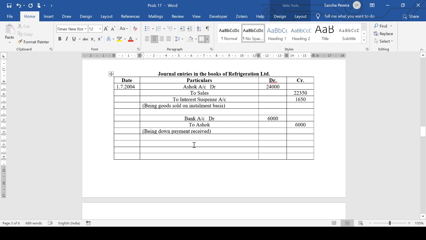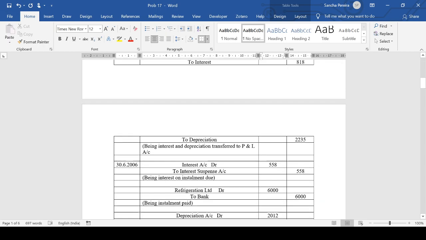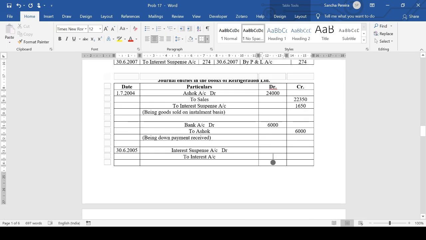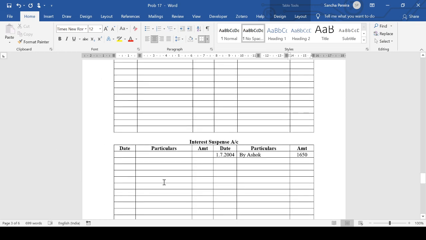So on 30th June 2005, interest suspense account debit to interest account. The total interest of the first year is 818.